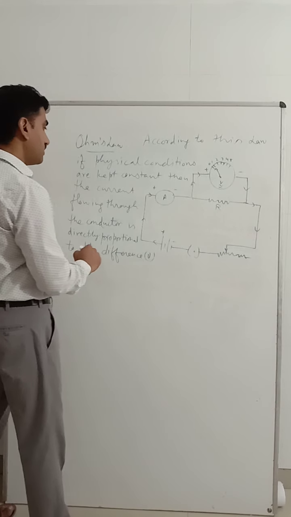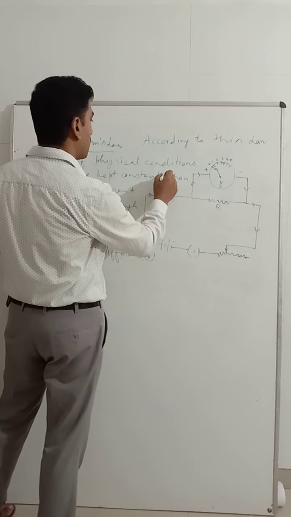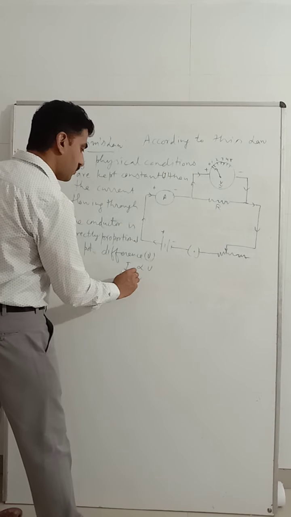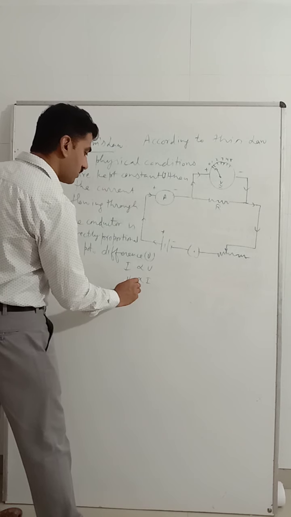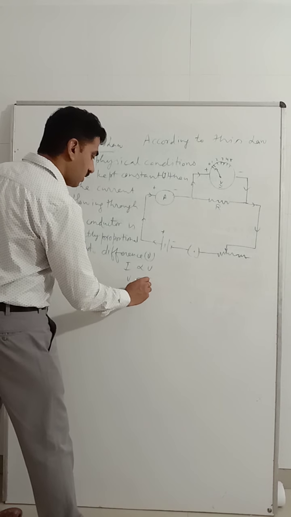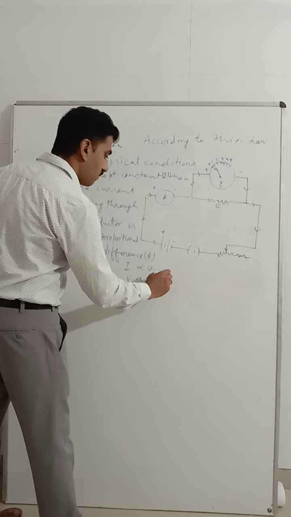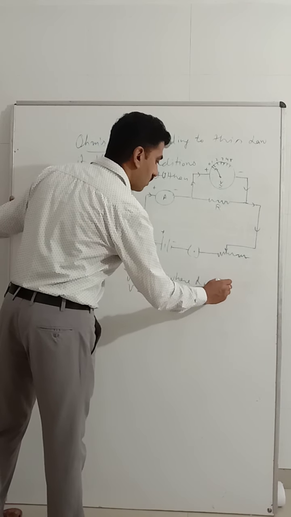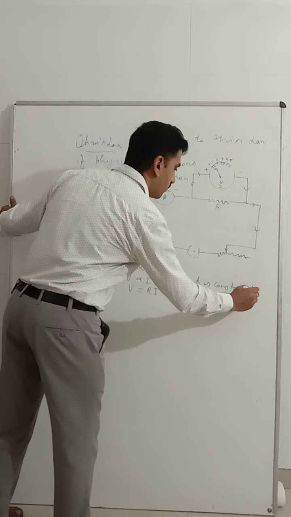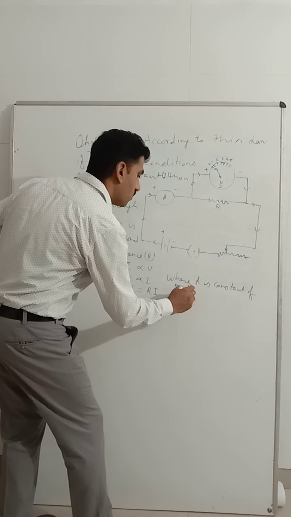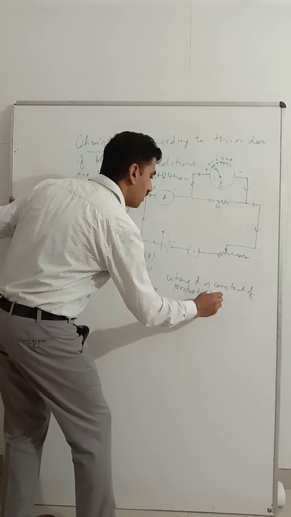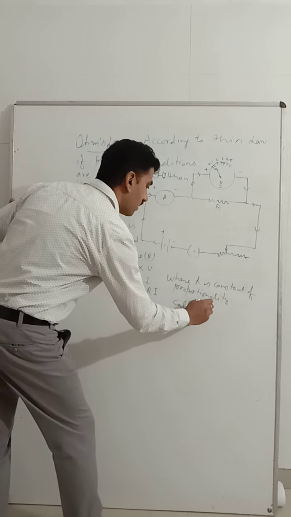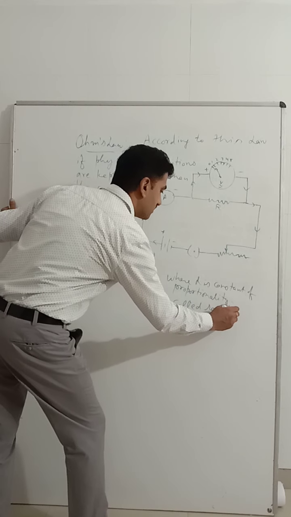V is potential difference and I is the current. So I is proportional to V, V is proportional to I. V is equal to R times I, where R is the constant of proportionality called resistance.